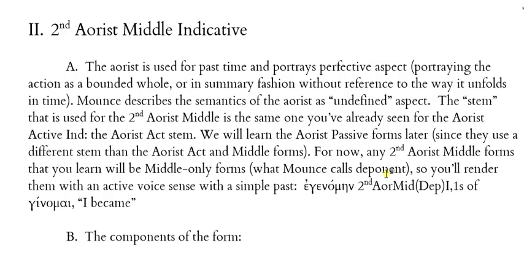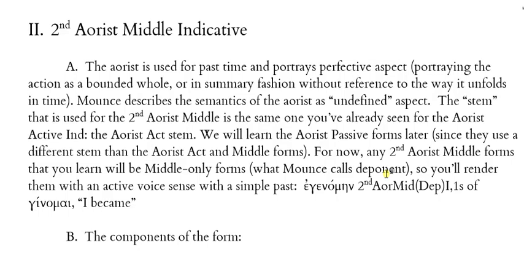That'll be stem number 6 column in the principal parts chart. This is why we're not calling this the second aorist middle passive, because the middle and the passive, like the future, will be distinct from each other.